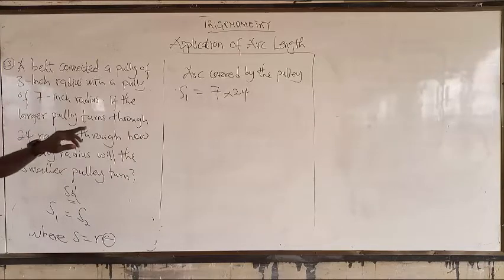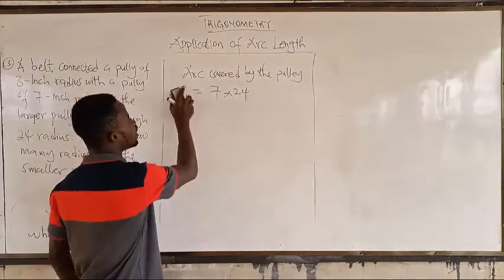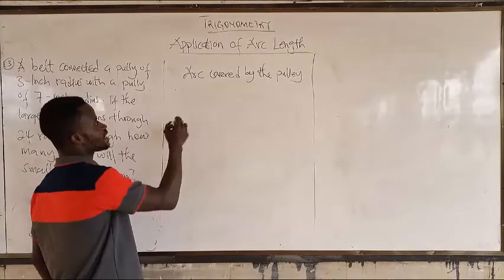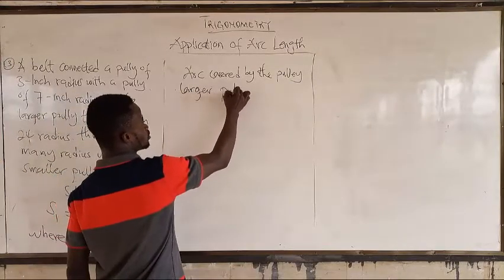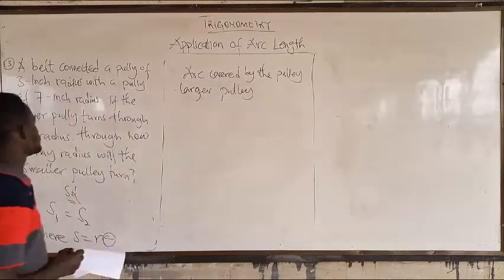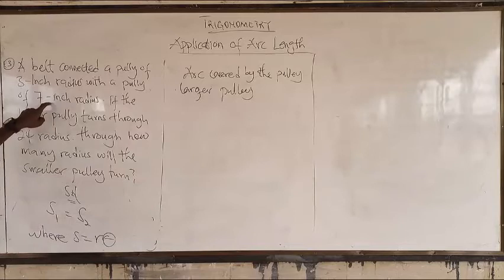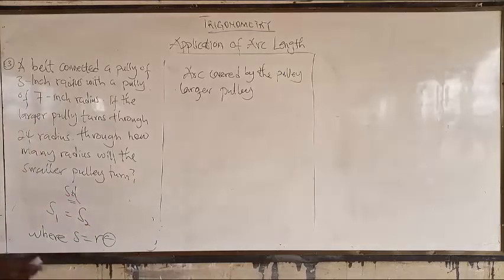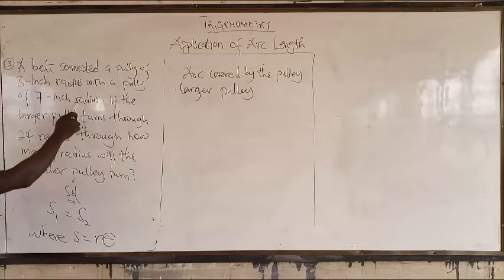Therefore, to find the arc covered by the larger pulley, we need to multiply the larger radius by its angle.